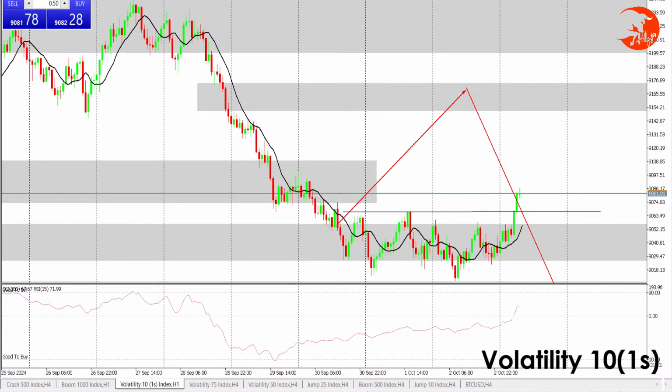Those who have big accounts, in fact, let me show you this, but don't try this. This is M10. Don't try this. I'm going to show you some confirmation, and you'll be shocked.